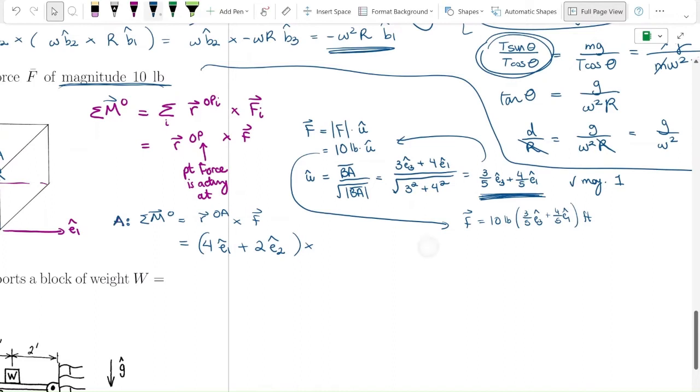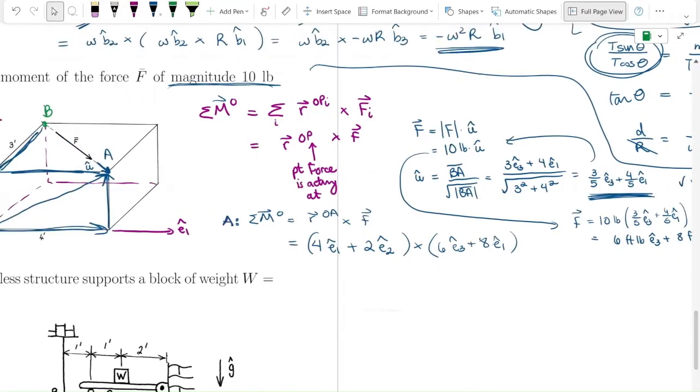This then simplifies to 6 foot-pounds e3 hat plus 8 foot-pounds e1 hat. And then I put that in here. I'm going to leave out the units for now, but let's keep them in mind when we find our final answer.